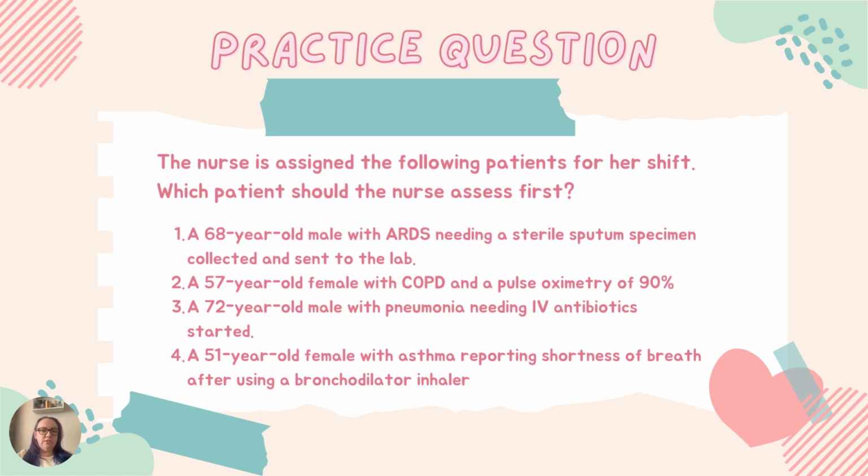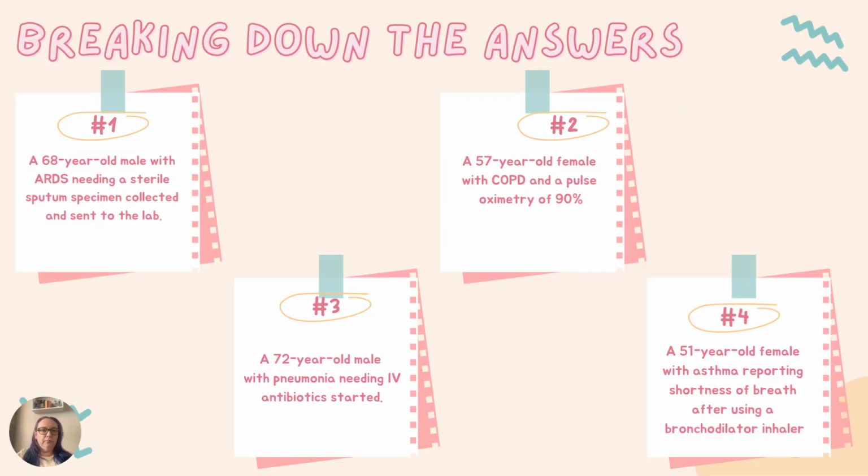Let's look at these answers. First, the 68-year-old male with ARDS needing a sterile sputum specimen collected and sent to the lab. While doctors actually in your hospital might disagree with this, sputum collection is not going to be a priority.